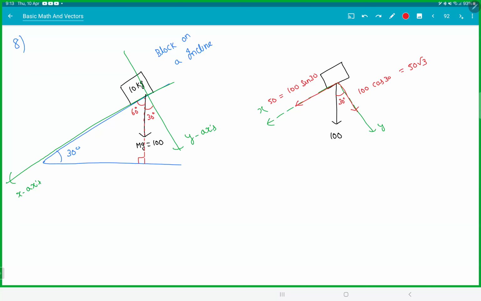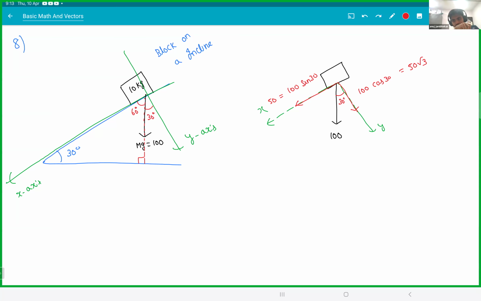All got this? Pratyusha, Anuj, which part? Sir, how did you get it if we use 60 degrees? What is 100 cos 60? 100 into half, how much is that? 50.